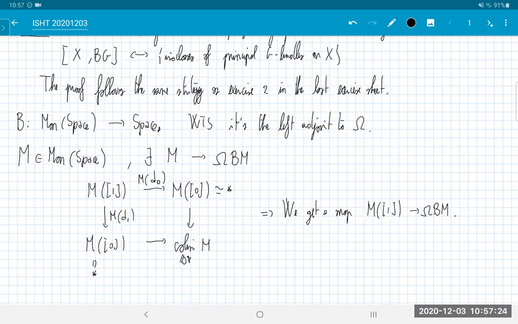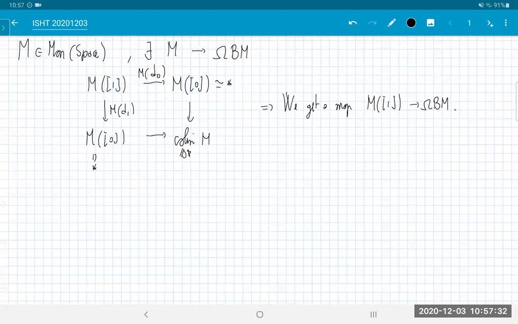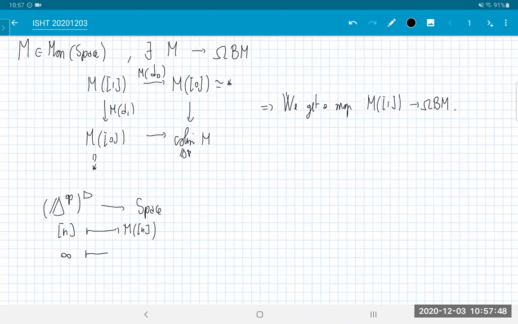But the same strategy actually works to give you a map of E1 spaces. Now the idea is, we have this colimit diagram, delta op cone into spaces, that sends n to M of n and infinity, the cone point, to BM.